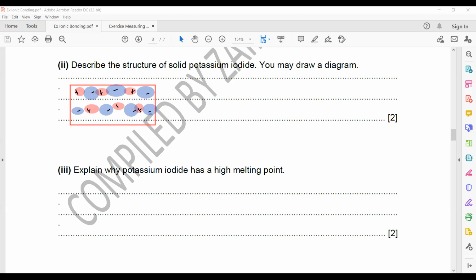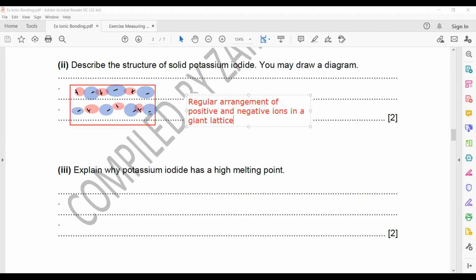So what is the mark distribution here? How will you score the marks? You will mention there's a regular arrangement of positive and negative ions in a giant lattice, because it's a very big structure.